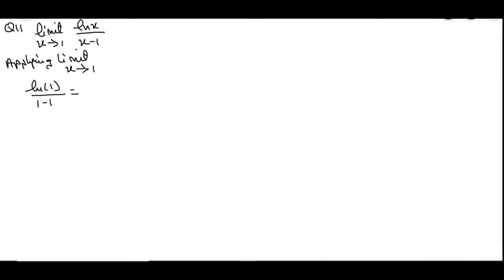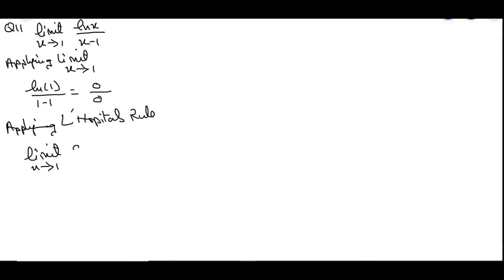Now natural log of 1 is 0 and hence 0 over 0, again it is indeterminate form, so applying L'Hopital's rule we have limit x approaches to 1 d by dx natural log of x whole divided by limit x approaches to 1 and d by dx x minus 1.